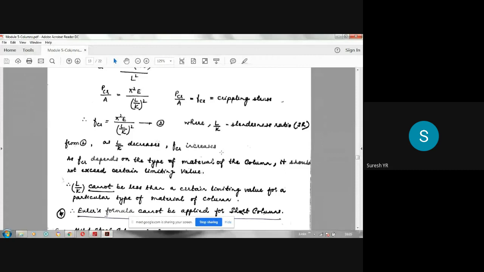Just like for steel or RCC column, the value is fixed. So it cannot exceed a certain limiting value. Therefore, we can say L by K cannot be less than a certain limiting value, because this FCR has got a limit depending on the type of the material of the column.